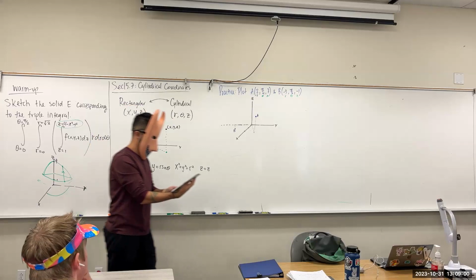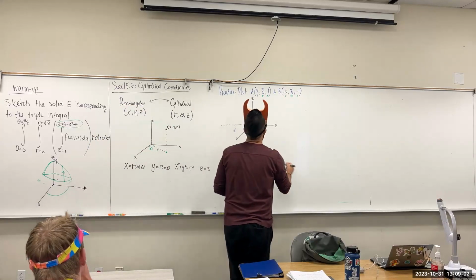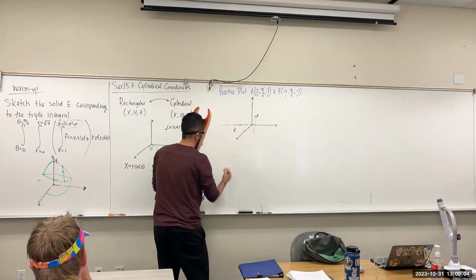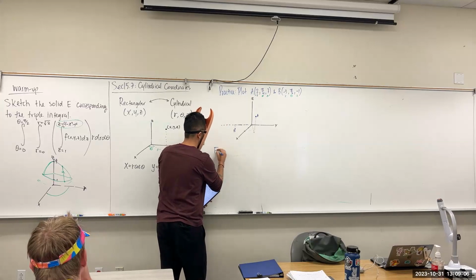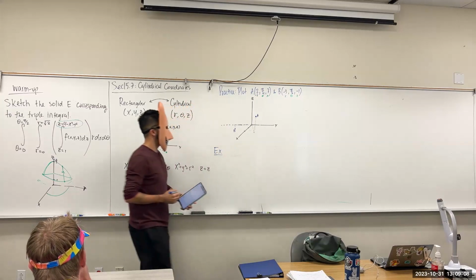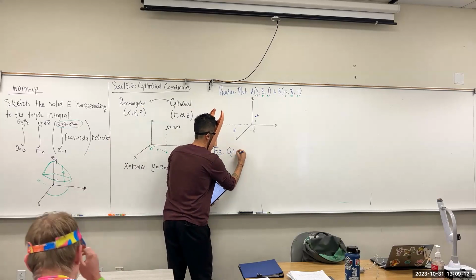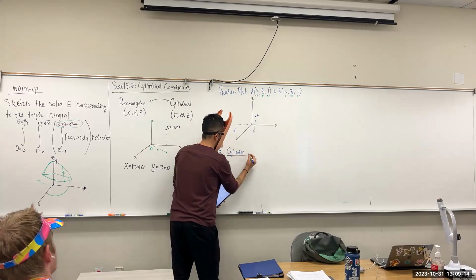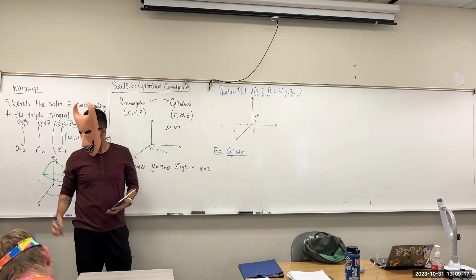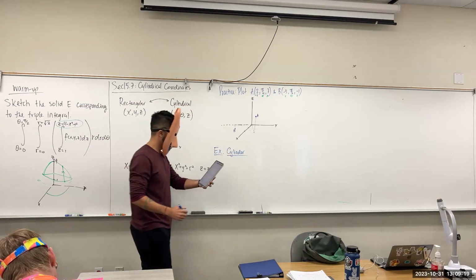So if you guys look at your handouts, I gave you guys some visuals of some common surfaces we've been dealing with. So one of them is a cylinder. You guys look at the packet with pictures here.